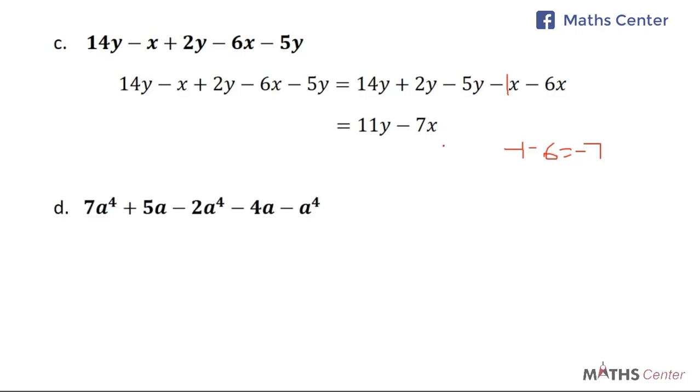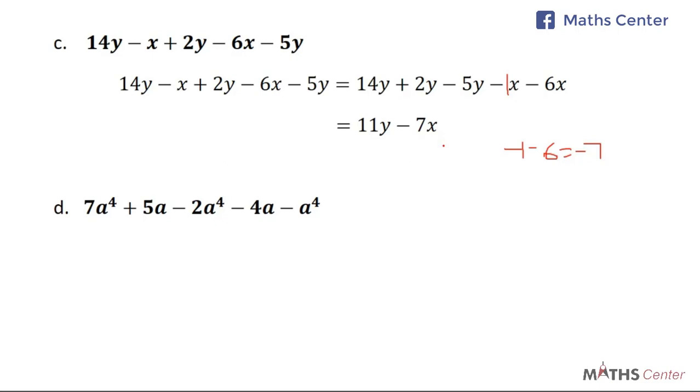Now let's look at the last example, D. And D is giving us 7a raised to the power 4 plus 5a minus 2a raised to the power 4 minus 4a minus a raised to the power 4. So what we have to do once again, remember the first step.